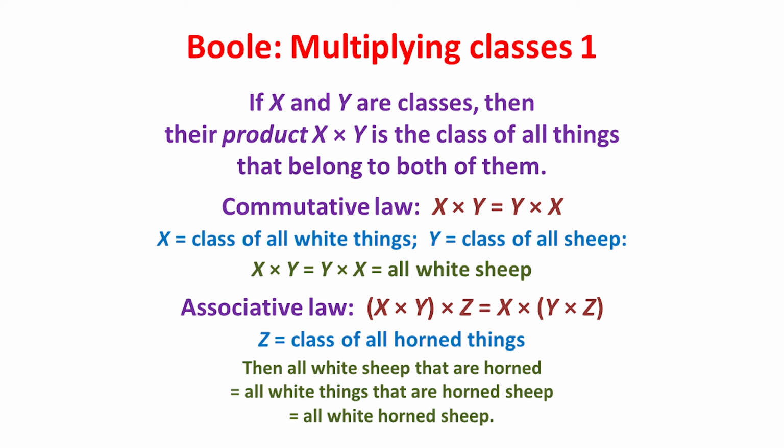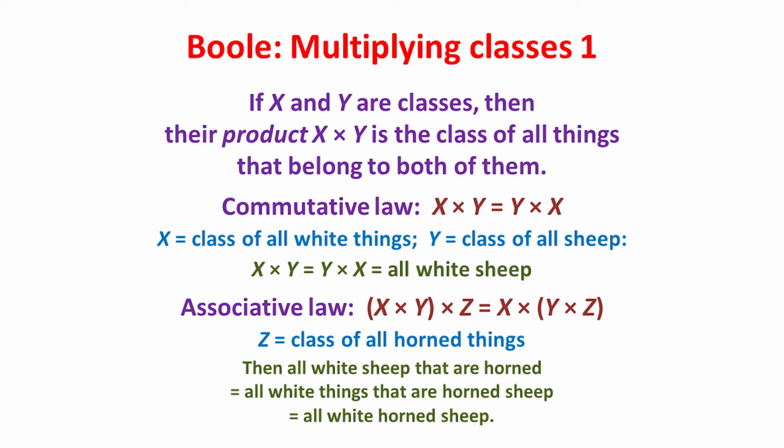Suppose we have two classes of objects, which might be anything: numbers, people, or anything you choose. If these are x and y, Boole defined their product, x times y, to be the class of all things belonging to both x and y. As an example, he took x to be the class of all white things, and y to be the class of all sheep.